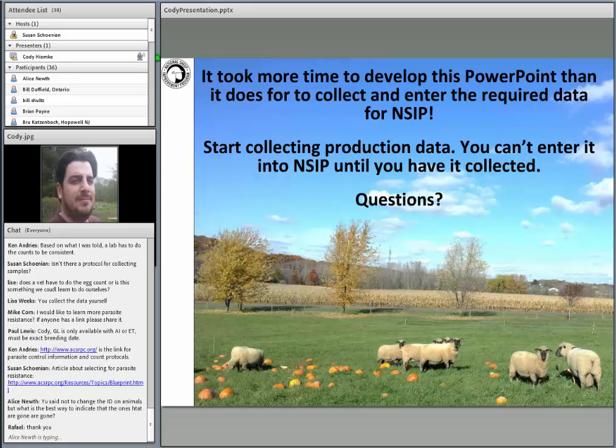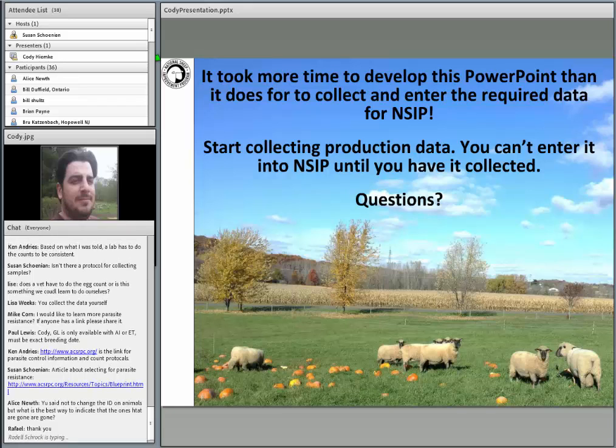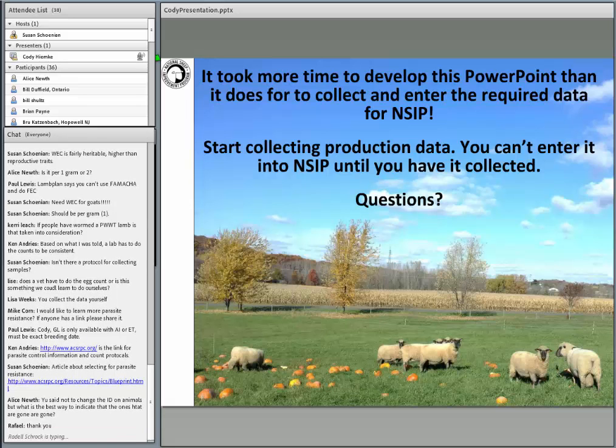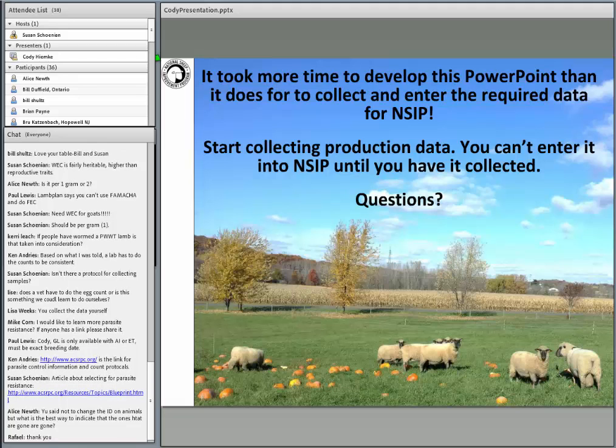So to indicate something's gone, you would mark it as a cull or dead, whichever is appropriate. The one time you do change the ID is on a lamb if it's a cull lamb. I'm sure Chris is going to cover that when he talks about entering data. But by changing the ID on a cull lamb, you're not charged the data processing fee on it.